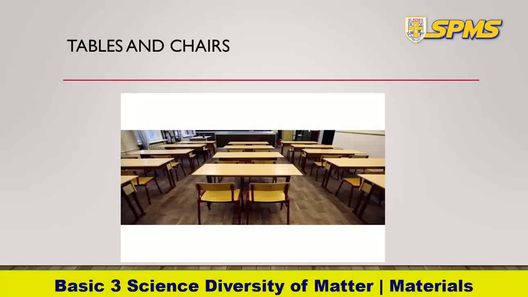use is tables and chairs. So woods can be used for tables and chairs in our classrooms, in our homes. We have wooden chairs and tables all over. It is because of the what?